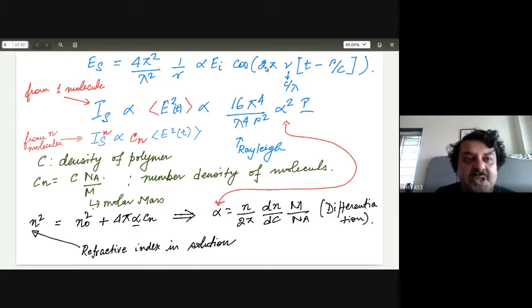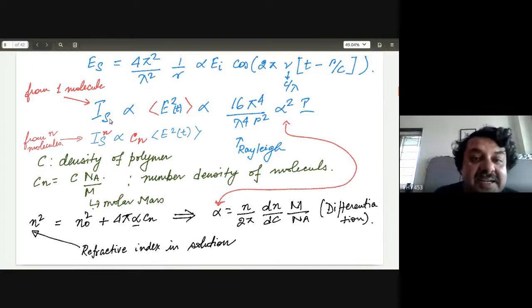So the electric field you get, not the intensity, is 4 pi square by lambda square, this 4 pi square also comes from taking the derivative, times 1 by r, the polarizability and the incident field E_i, and you write c by lambda to get this.